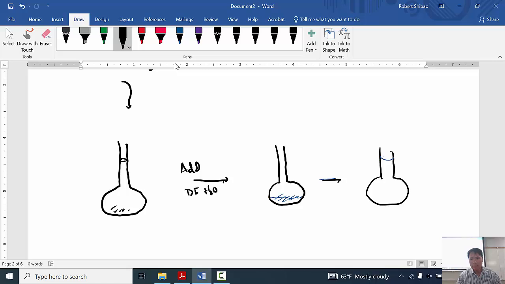That is, the bottom of the meniscus matches that. If we did that, then this should be 250.0 milliliters of, what was the molarity of the oxalic acid supposed to be? 0.08 molar?